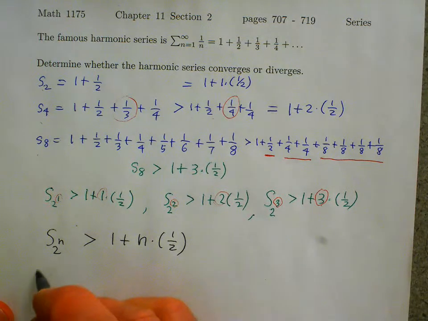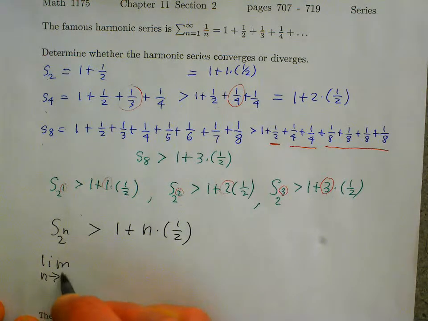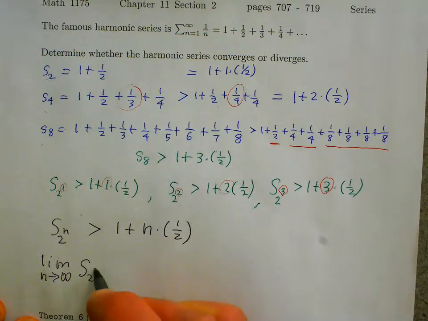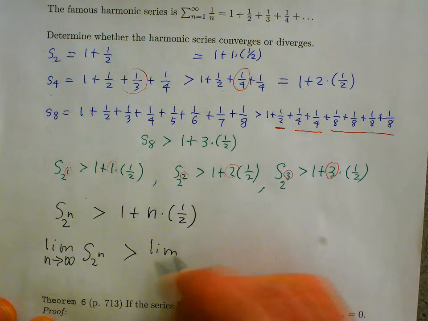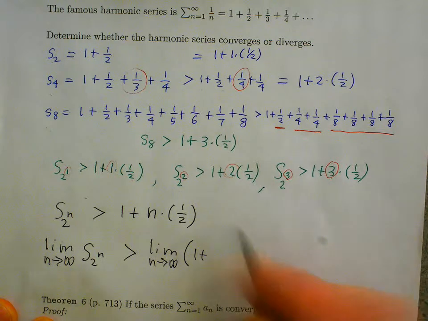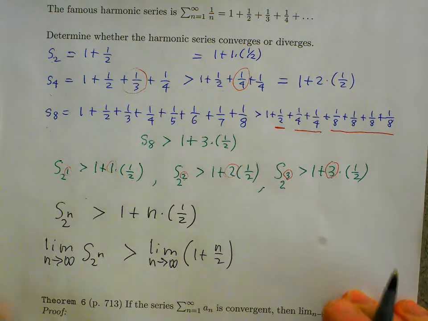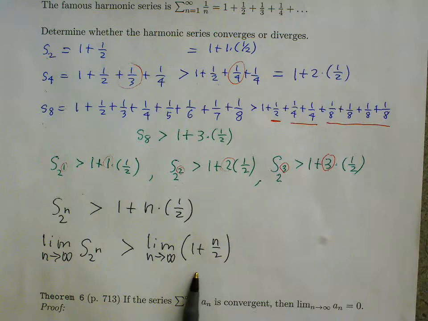So the limit as n approaches infinity of S sub 2 to the nth should be greater than the limit as n approaches infinity of 1 plus n over 2. But the limit on the right is infinite, so the one on the left should also be infinity. We can't really say infinity is greater than infinity, but you get the idea.